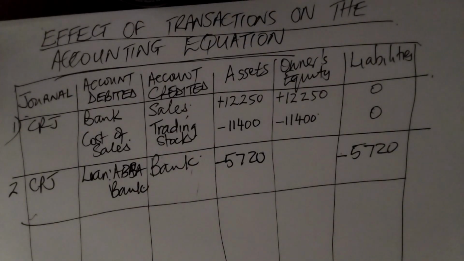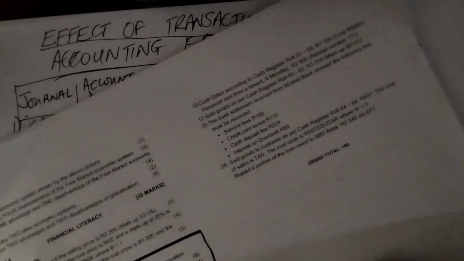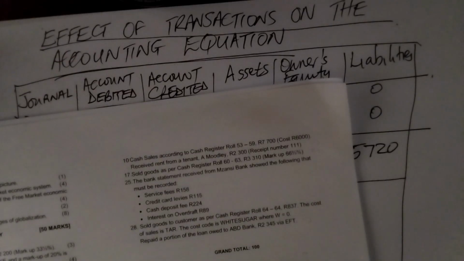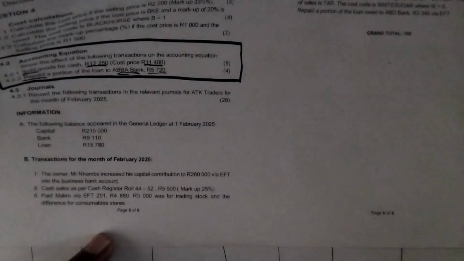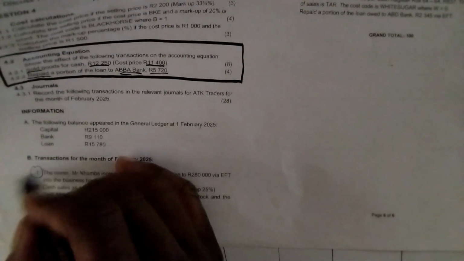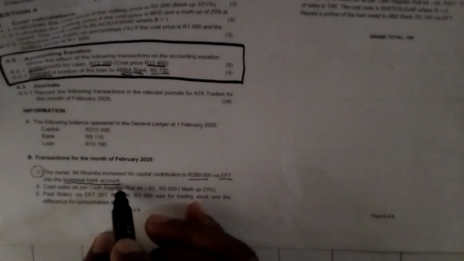Maybe before I finish off this video, let me show you one more transaction, to show you the effect, the use of the bank. I'm going to show you transaction number 1, this transaction here. It says the owner, Mr. Nams, increased his capital contribution to 280 via an EFT into the business bank account.